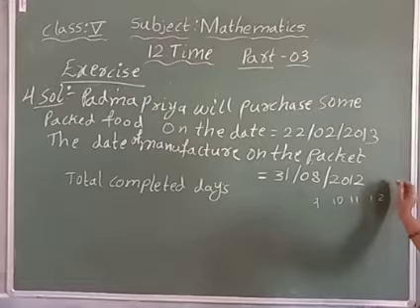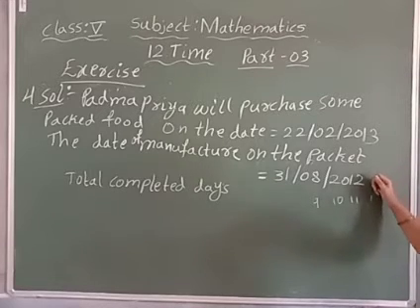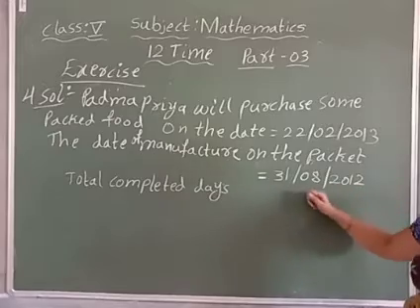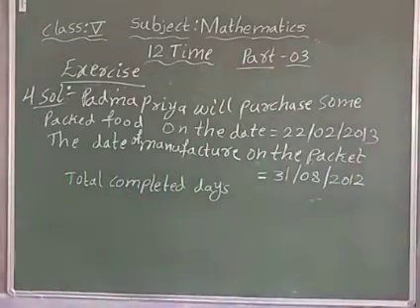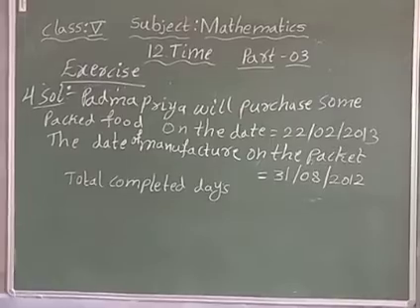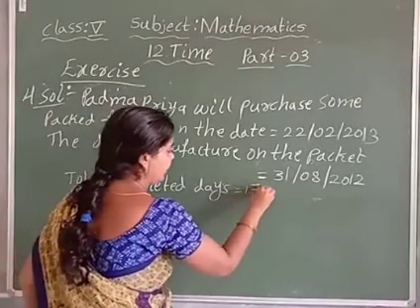But here some days will be yes only. Yes or no? So total how many days are there, children? Wait a few seconds. See here, total 175 days. You will calculate, children.